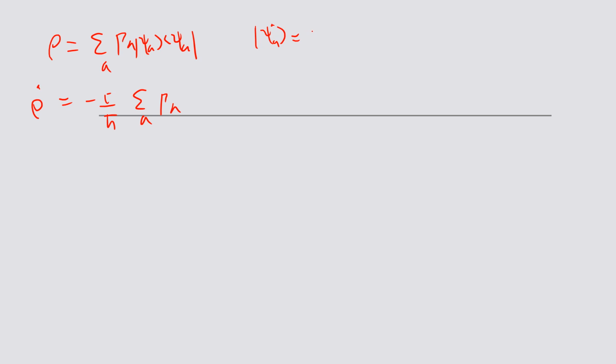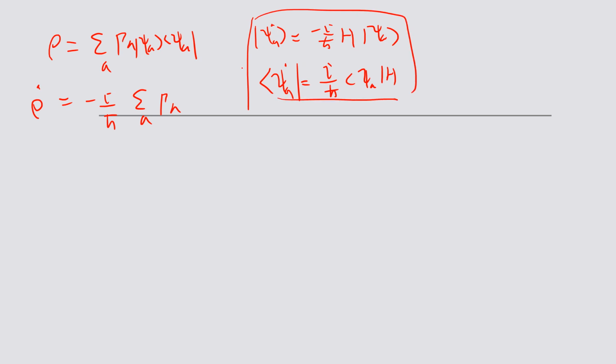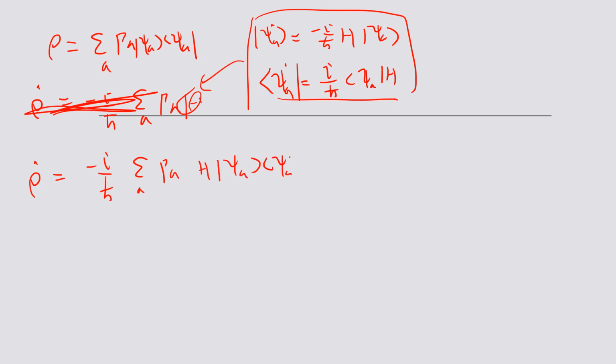If you plug in your Schrodinger equation, phi_A dot is basically (1/(i h-bar)) H phi_A. You plug in, then you get this H. So p_A H |phi_A><psi_A| minus p_A |psi_A><psi_A| H, but the derivative on the other side, so you get H. Sorry about this H. Okay.